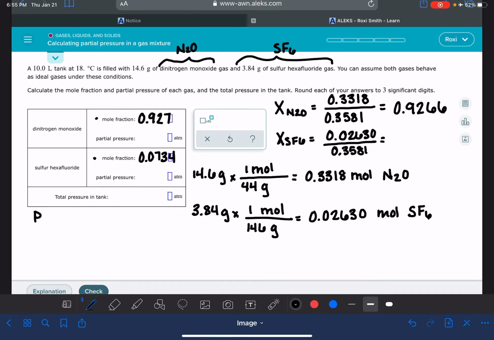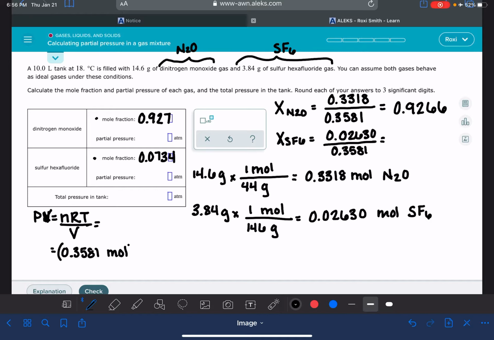For the total pressure in the tank, we're going to be using PV equals nRT, and I'm just going to rearrange this. We're going to be using P equals nRT over V. For the total pressure in the tank, we're going to use the total number of moles, the total temperature, and the total volume. The total number of moles is 0.3581 moles.